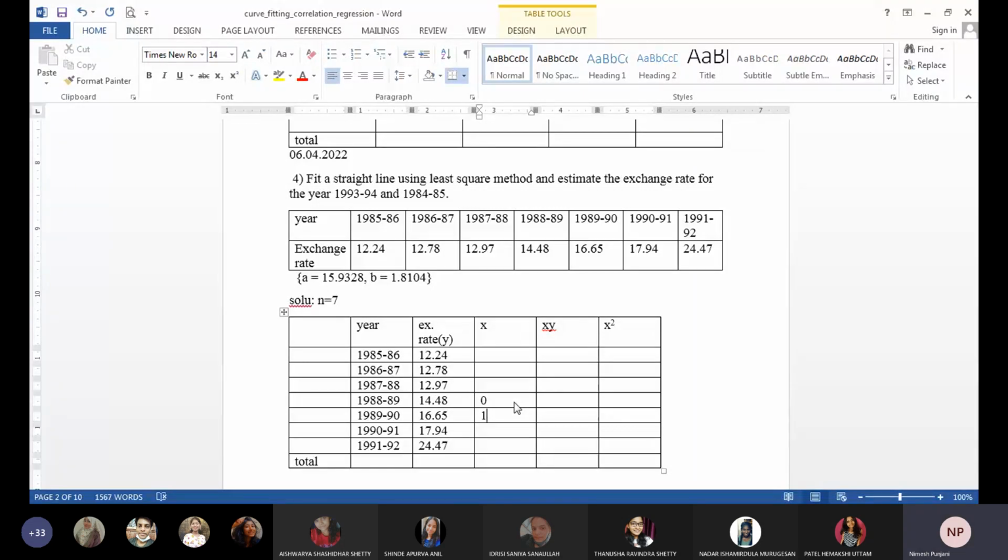So when your n is odd, n plus 1 divided by 2 observation को 0 लेना है. So here your n is 7, so 7 plus 1 divided by 2, that is your fourth observation. So fourth observation 0 होगा. As you go down, you add 1. ठीक है, जैसे नीचे जाएगा वैसा 1 ऐड करते जाने का है.